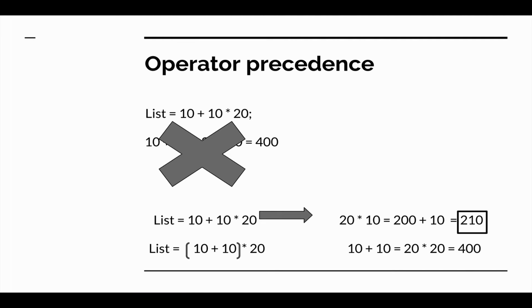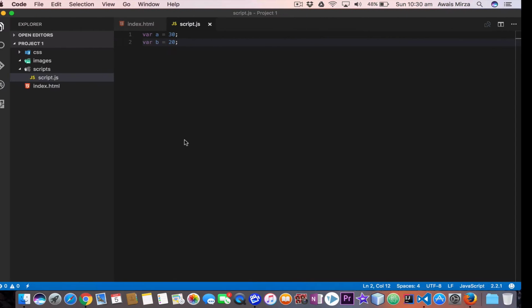Then you can use parentheses and you can surround your code with the parentheses. So now we added a parenthesis here. That means 10 plus 10 would be 20, and then it will be multiplied by 20, and then we get the value 400.